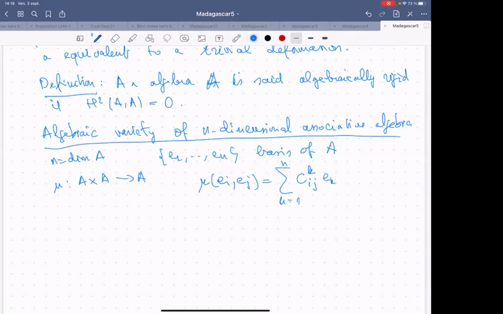Okay, and now I can identify my multiplication mu on A with this family of coefficients c_ij^k, where i, j, k run from 1 to n. You can view it as a vector, an element in K to the power n cubed. And these are called the structure constants of the algebra.